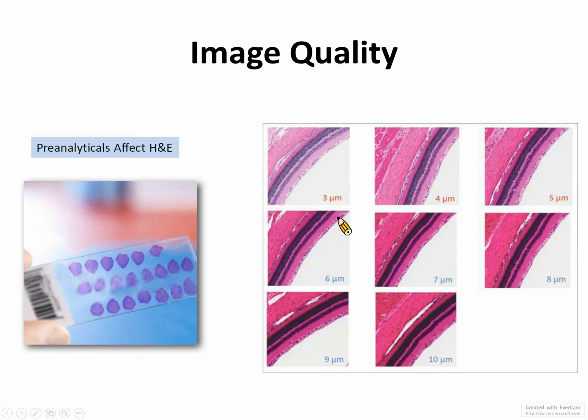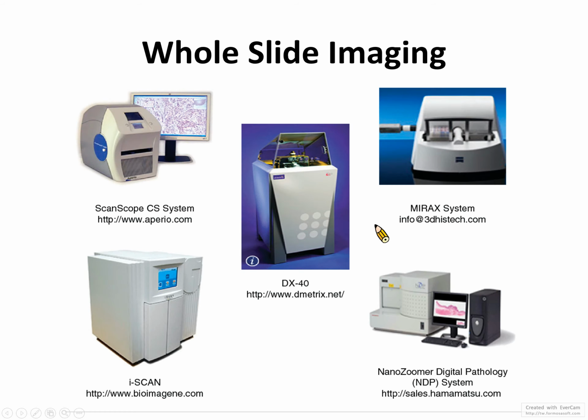For example, you need to make sure the image quality can show very small things, even at 3 micrometers. This is called whole slide imaging, and there are several companies that have already developed digital whole slide imaging machines to help you digitize everything.